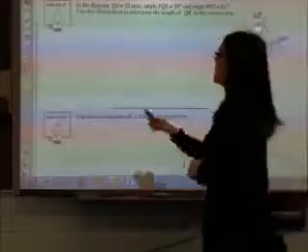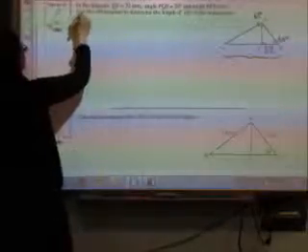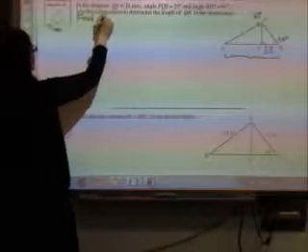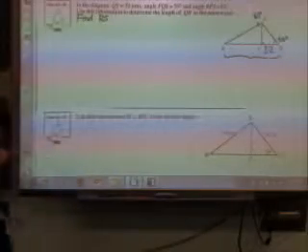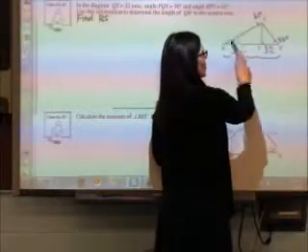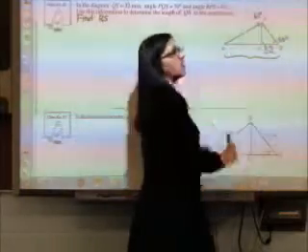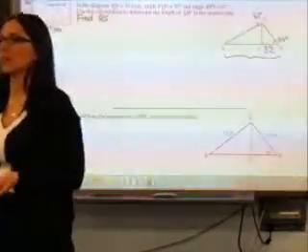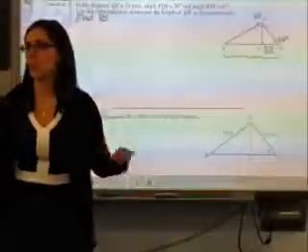You have to find what R to S is. So I need to find RS. If I look at triangle PRS, the only piece of information that I have from that triangle is an angle measurement. I need at least 2 pieces of information from a triangle in order to find more.